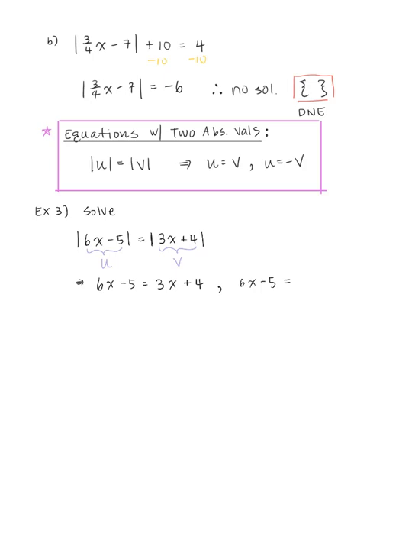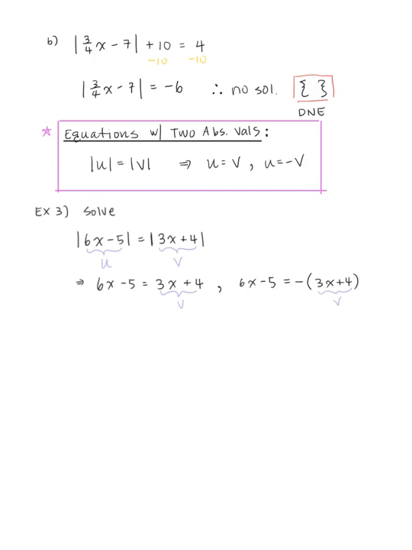So if you're going to take negative V, that means that you're going to have a negative, then parentheses, 3x plus 4. Do you see that? Because this is just our V, and this is our V. So negative V means that that negative is attached to the whole entire quantity of 3x plus 4.